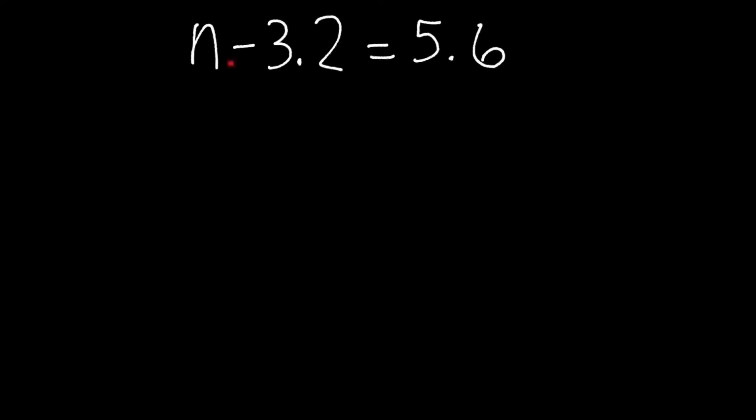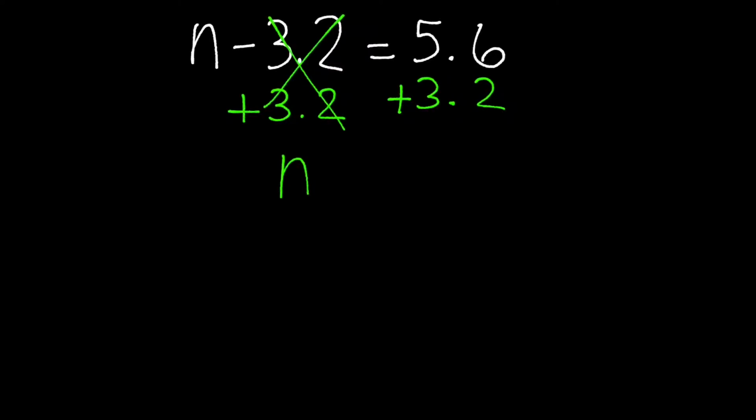So if we're going to find n, we have to do the opposite of our subtraction, meaning we have to add. So we're going to add 3 and 2/10 to both sides, taking away 3 and 2/10 and then adding 3 and 2/10 cancels them out. So I just have n on my left side.